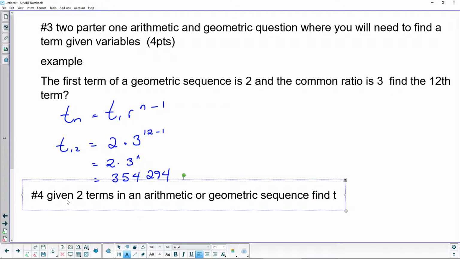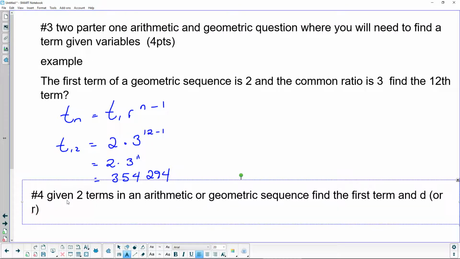Find the first term and D or R, depending on if it's geometric or not.